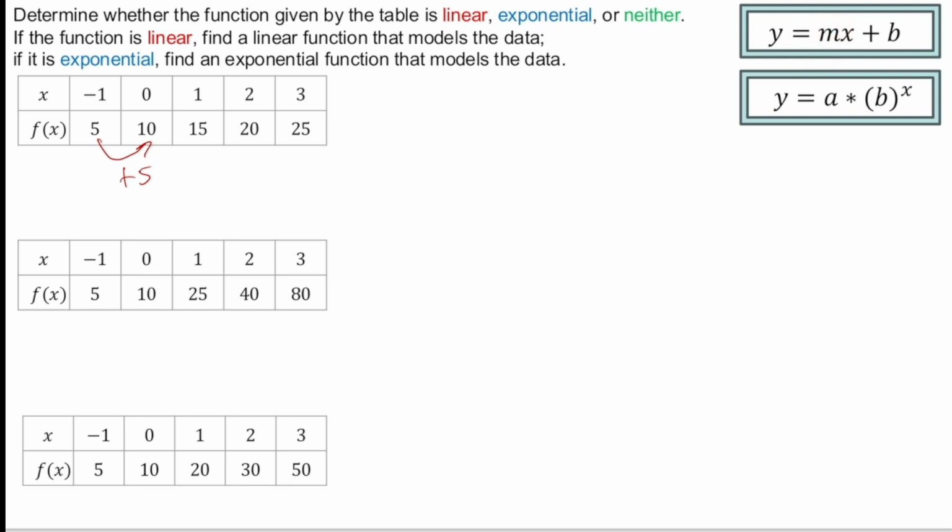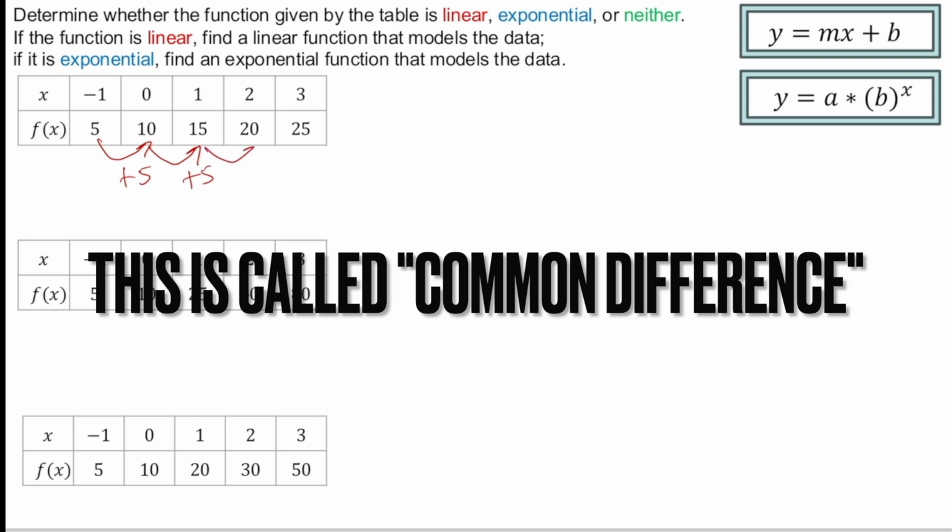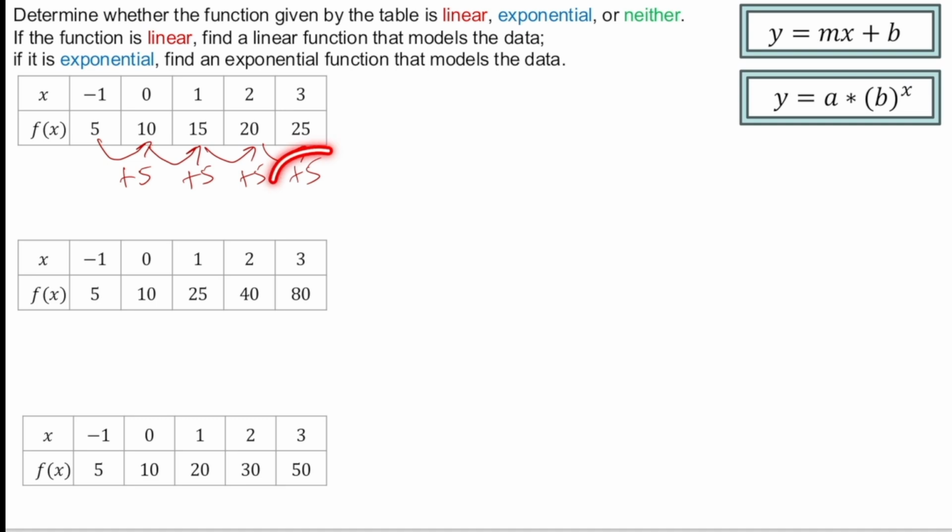If the rate of change is the same for every single step, which we can see is plus 5 in every single one of them, the increment is constant. Therefore, this is my slope, and this is a linear function.